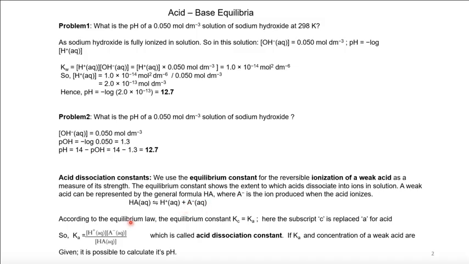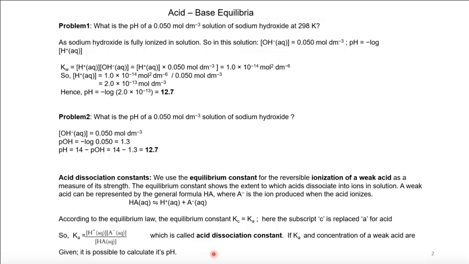According to this equilibrium, the Kc we now call Ka, the acid dissociation constant. We can write Ka as the hydrogen ion concentration times the anion concentration, divided by the concentration of the weak acid in aqueous solution. If we know the acid dissociation constant, we can also find out the pH of a given solution.